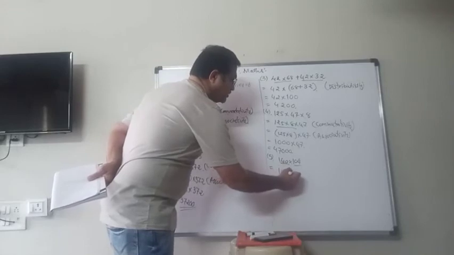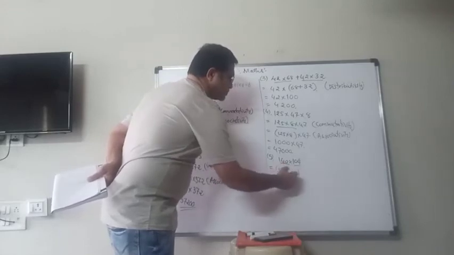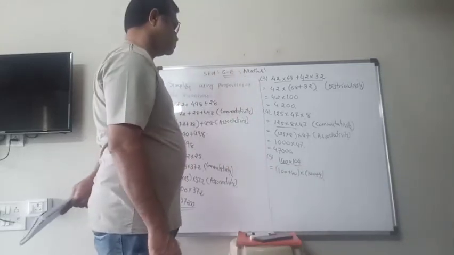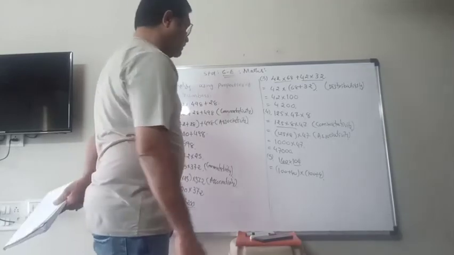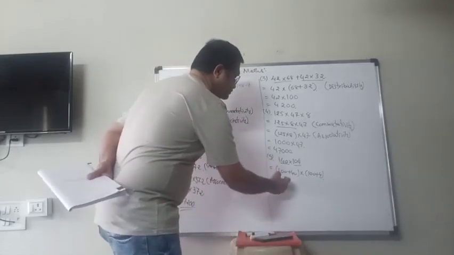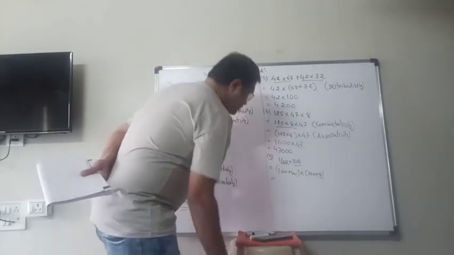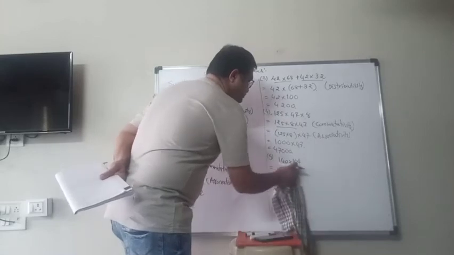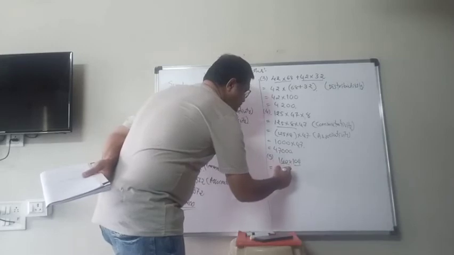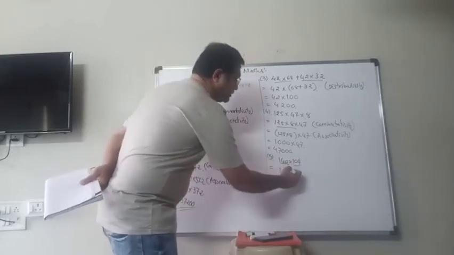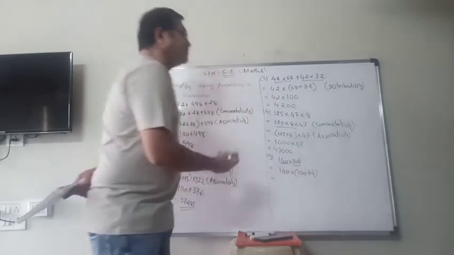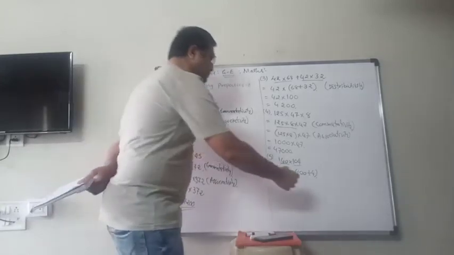Means 100 plus 40 multiplied by 100 plus 4. And then you can do that, or rather we can do it the other way. 140 only we will leave like that and multiply by 100 plus 4. Then it is easier to use the distributivity.